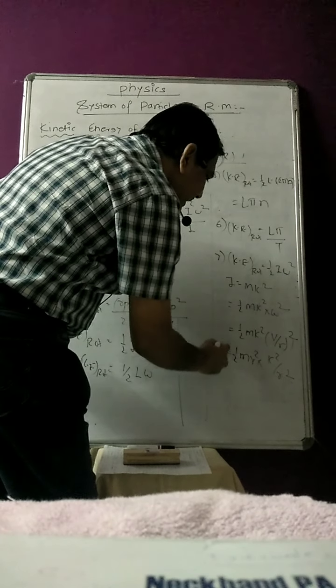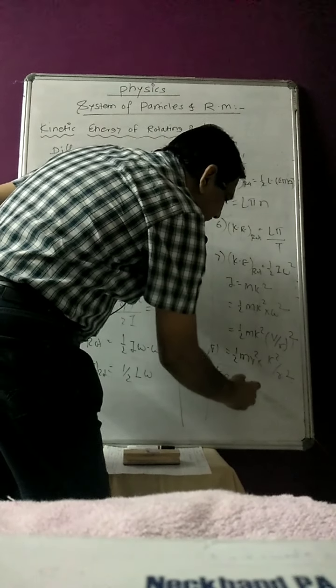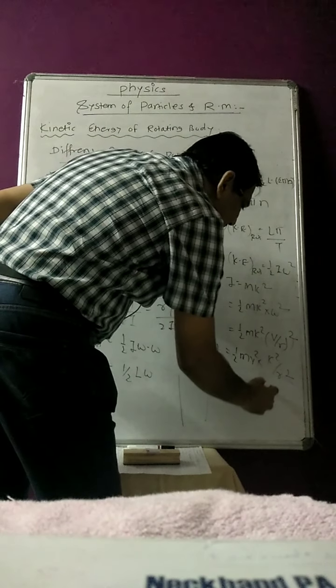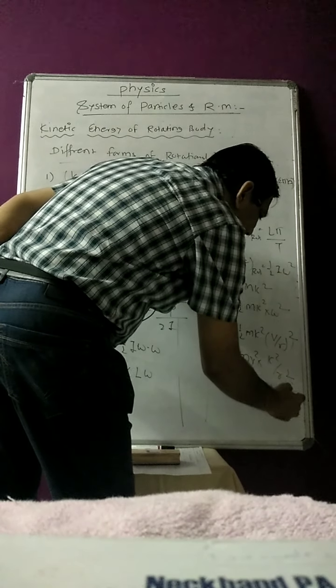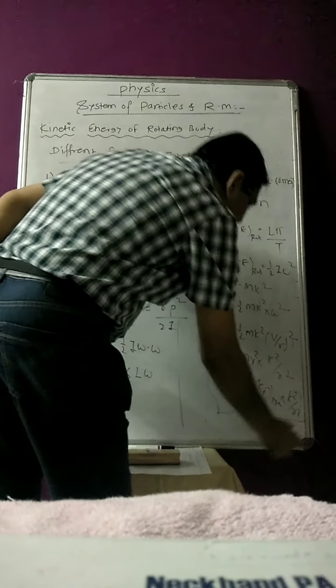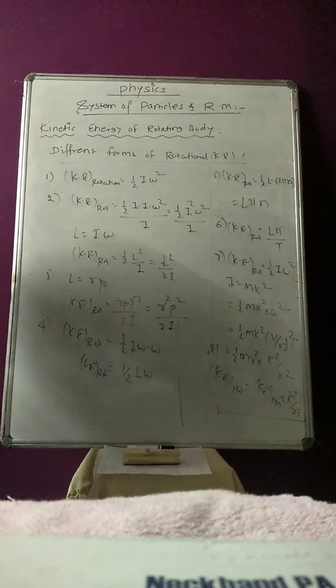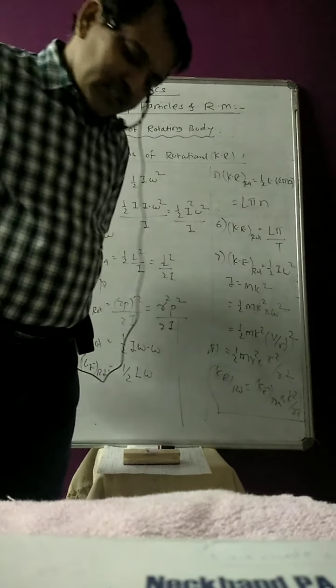Okay, so that is the eighth form. Rotational kinetic energy can also be written as kinetic energy of translation multiplied by k square by R square. This is one of the relations we got among the different forms of rotational kinetic energy.